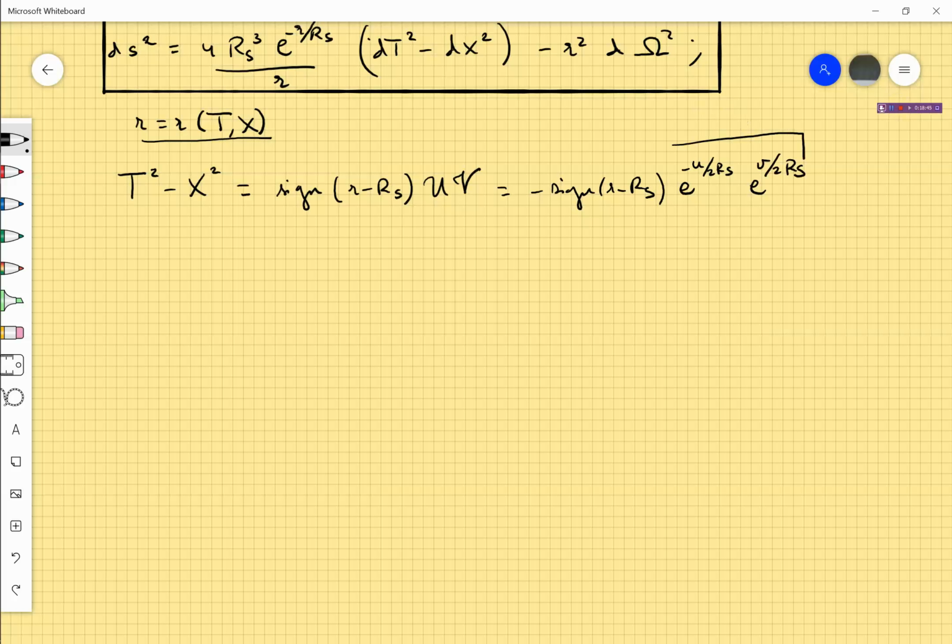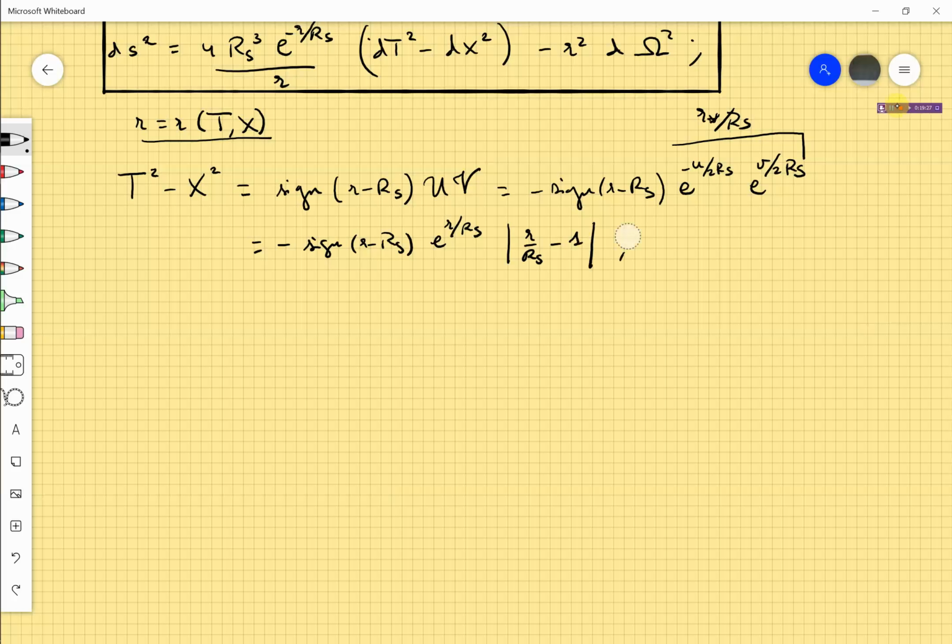The factor of 2 is given. So this is minus the sign of r minus rs, and r star is just r, so we have the exponential of the log of the absolute value of r divided by rs, or I think we can express it in this way.